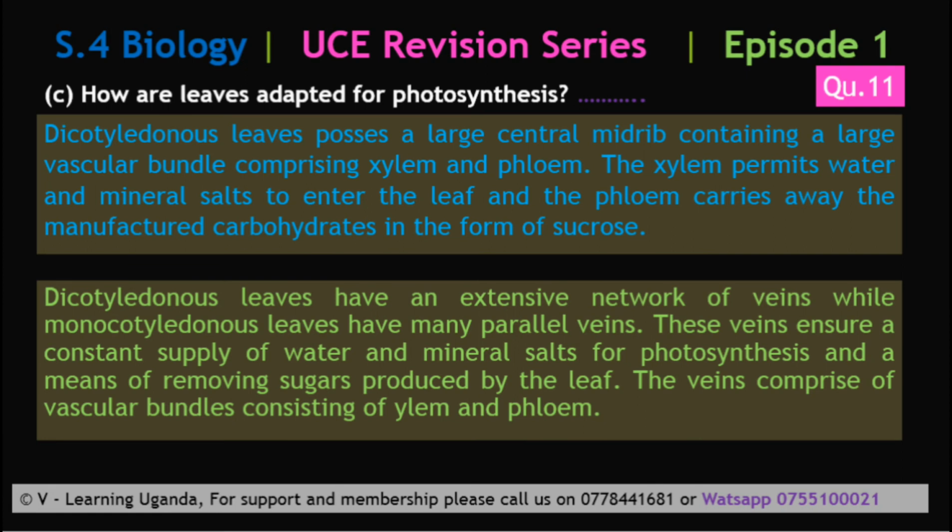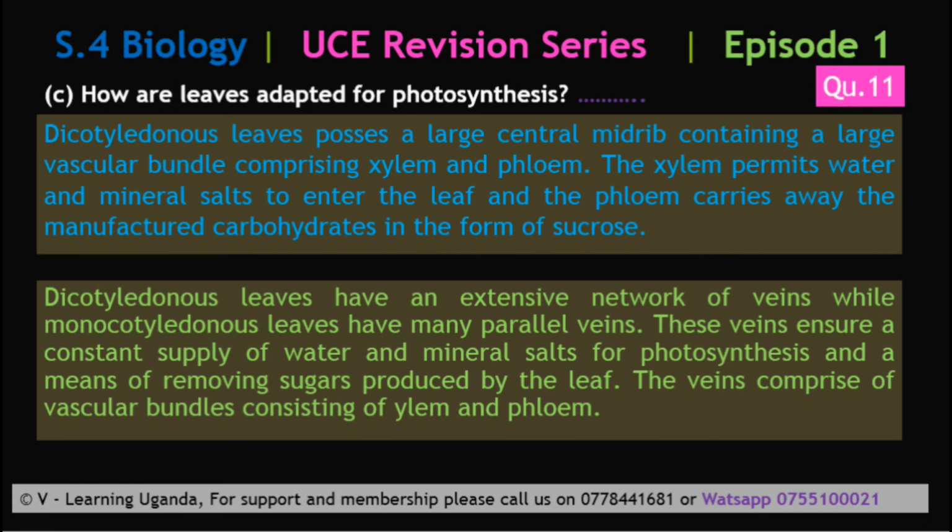Lastly but not least, we look at dicotyledonous leaves possessing a large central midrib containing a large vascular bundle comprising the xylem and phloem. The xylem permits water and mineral salts to enter the leaf, and the phloem carries away manufactured carbohydrates in the form of sucrose.